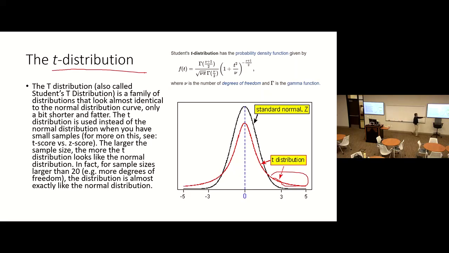If you consider this as the tail of a lizard or dinosaur, the normal distribution has a very skinny tail at the end, but the T distribution has a fatter tail. So there's a difference between them.